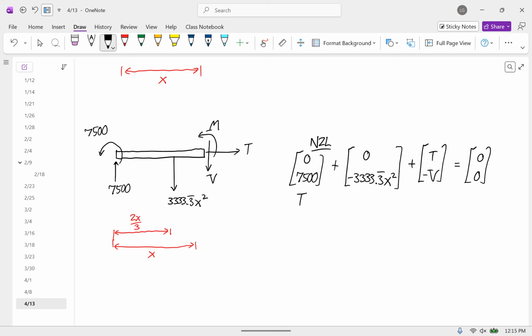So T is 0. V is negative 3,333.3 repeating x squared plus 7,500.